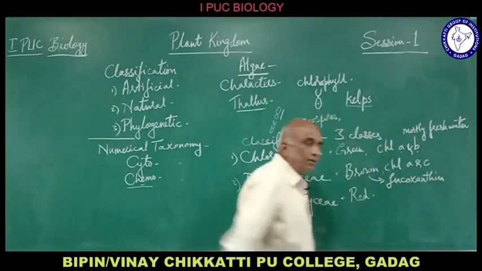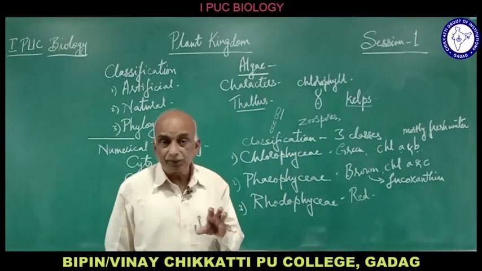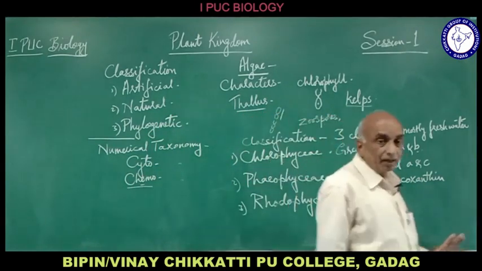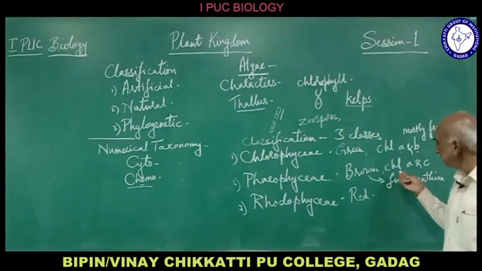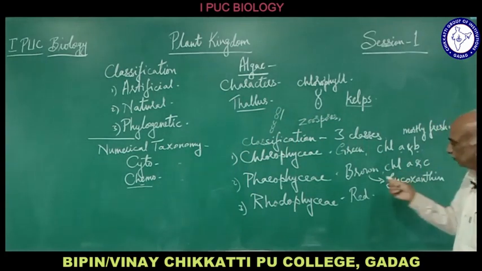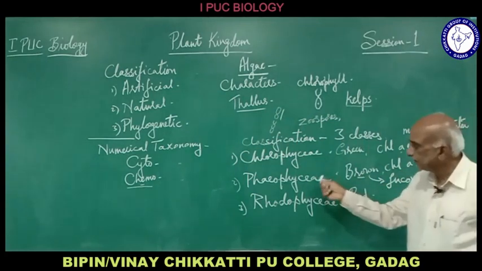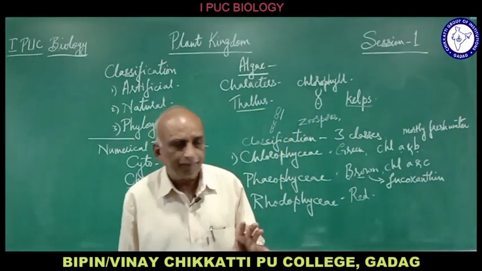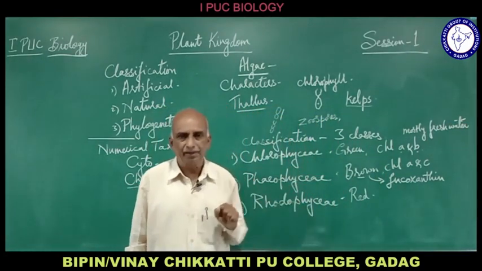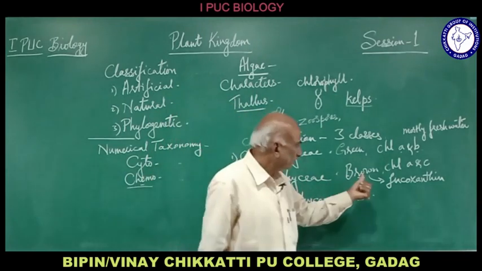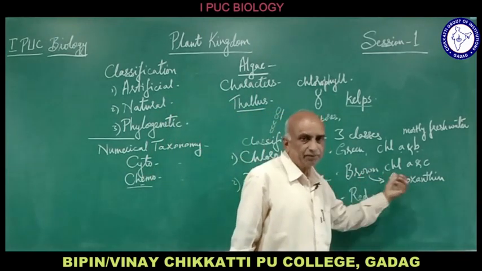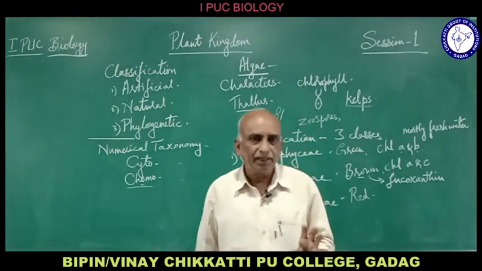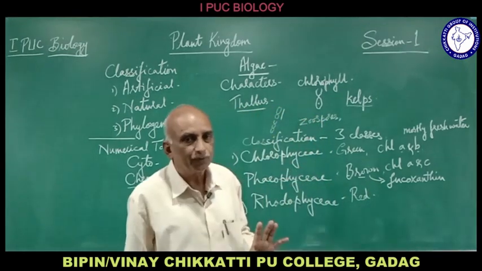Now as we say that the green pigment is chlorophyll in plants, along with the green pigment, chlorophyll A and C, we come across a brown pigment in this algae, and that is why they are called brown algae, and also they appear brown in color. However, the proportion of the pigments is different, but they appear brown in color, so commonly they are called brown algae, that is fucoxanthin.